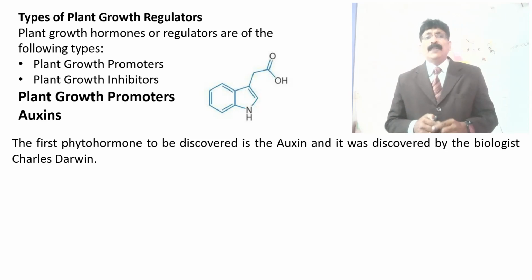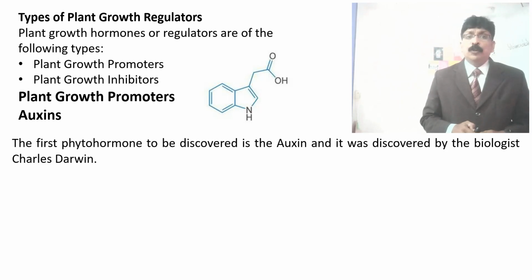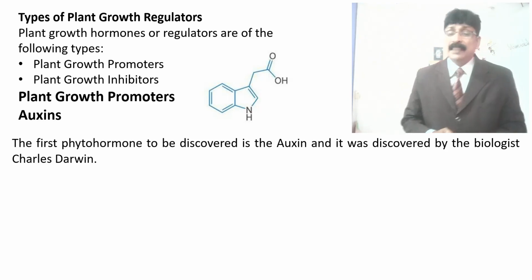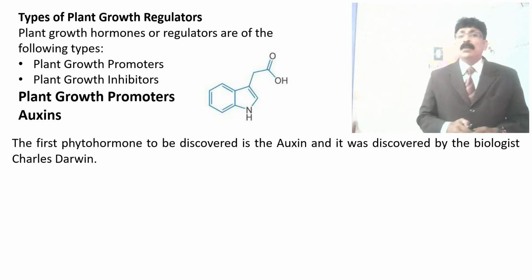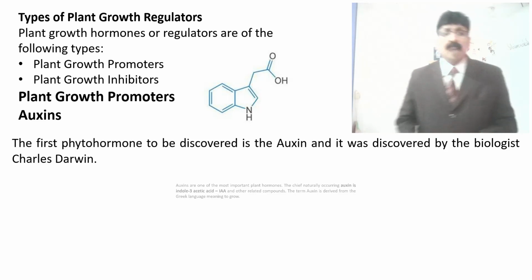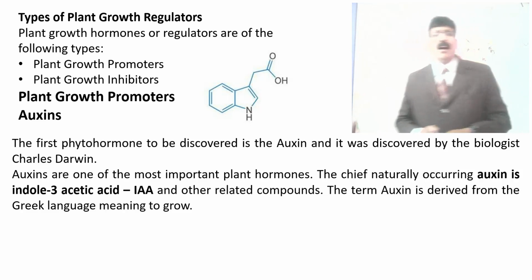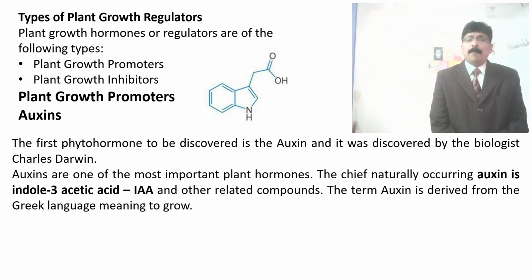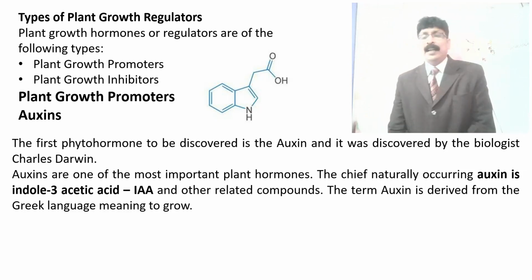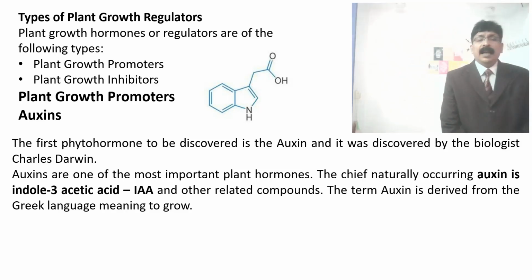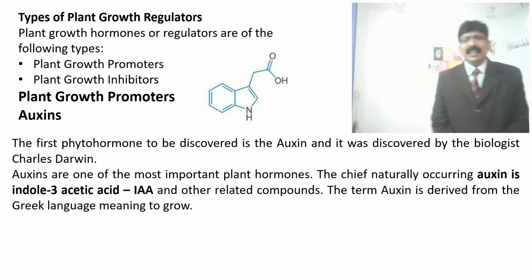The first phytohormone to be discovered is auxin, and it was discovered by the biologist Charles Darwin. Auxin is one of the most important plant hormones. The chief naturally occurring auxin is indole-3-acetic acid, IAA, and other related compounds.